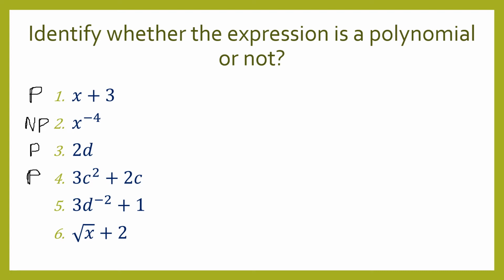Therefore, number 5 is not a polynomial. And number 6, square root of x plus 2. So, square root of x, so the variable is inside the radical. Therefore, in this case, this expression is not a polynomial.